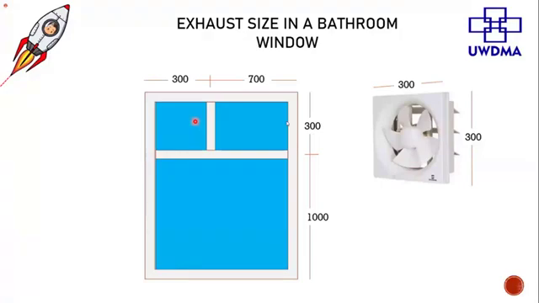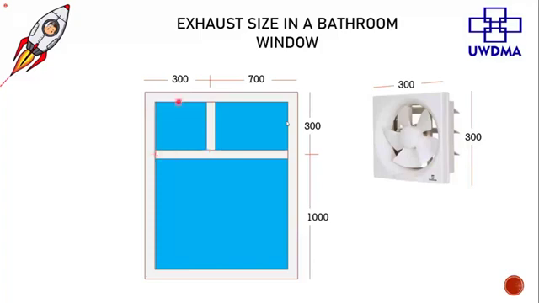I made the entire quotation and entire production by this formula. There was an exhaust fan of 300 by 300 and I left the size to be 300 by 300. But of course I was new and I didn't notice that in this 300, the profile is also coming. Here is the frame coming and here half of the mullion is coming.